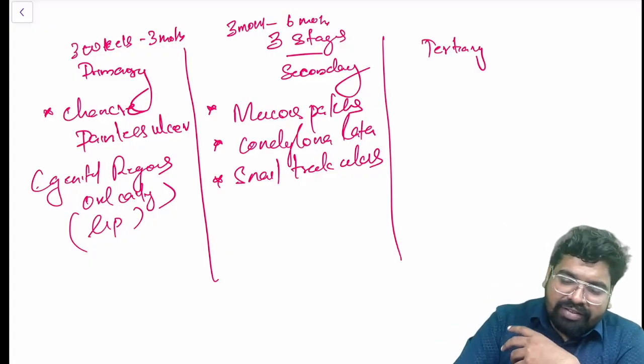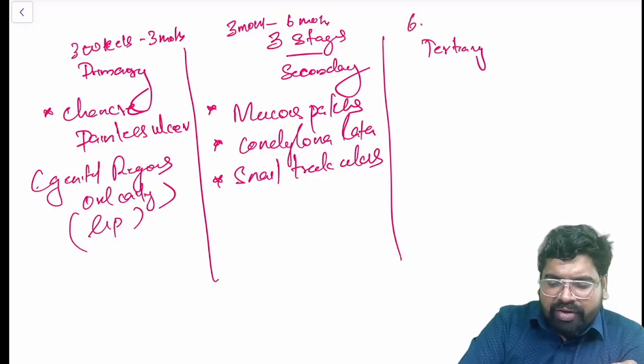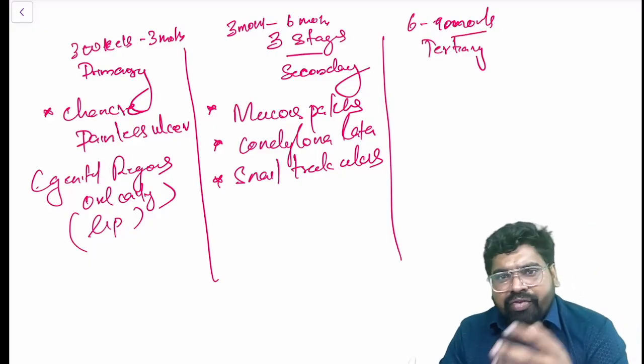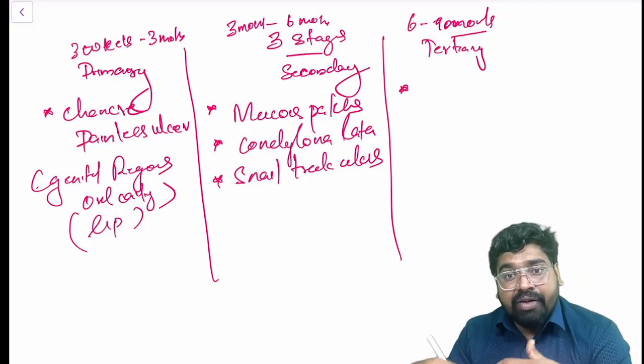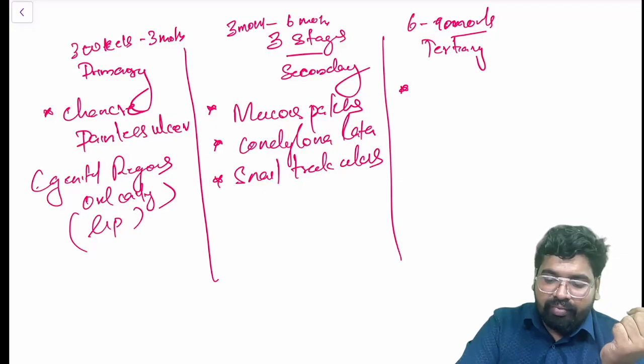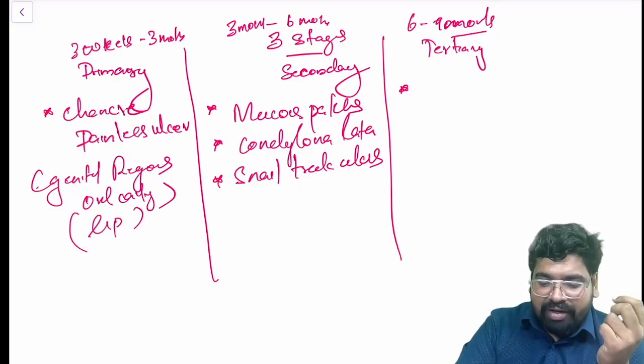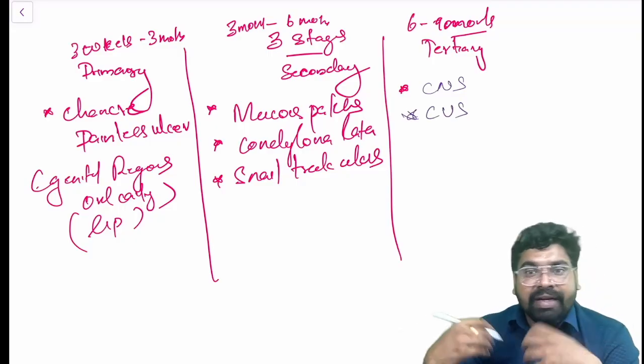Now, coming to tertiary syphilis: if the patient is not treated after 6 to 9 months, the patient will go to the tertiary stage. In the tertiary stage, this will affect your central nervous system, it can affect your cardiovascular system, and your internal organs are affected.